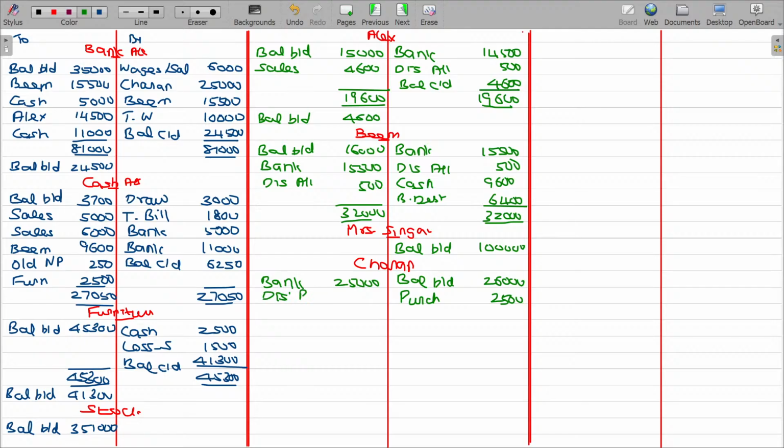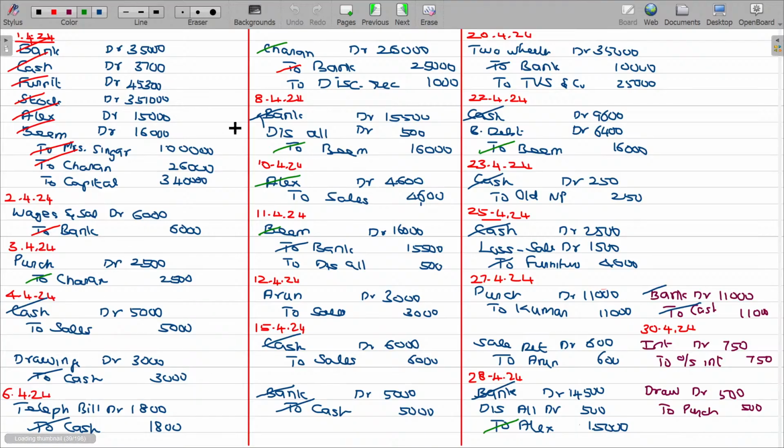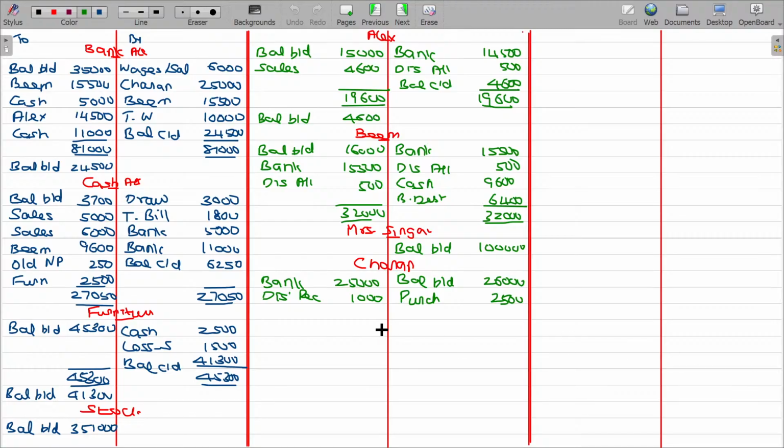Discount receipt 1,000. Is there any other transaction for Charan? No. So we have the balance here, 28,500, 28,500. We have a balance of rupees 2,500. Balance carried on. Balance brought down here 2,500. Charan over.